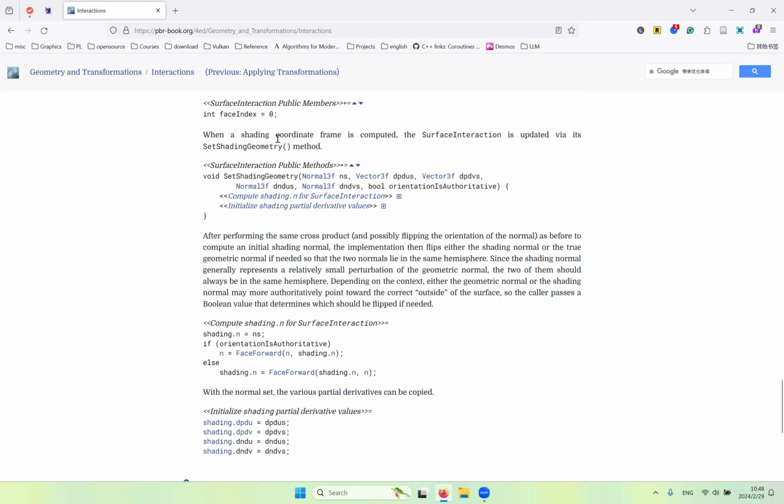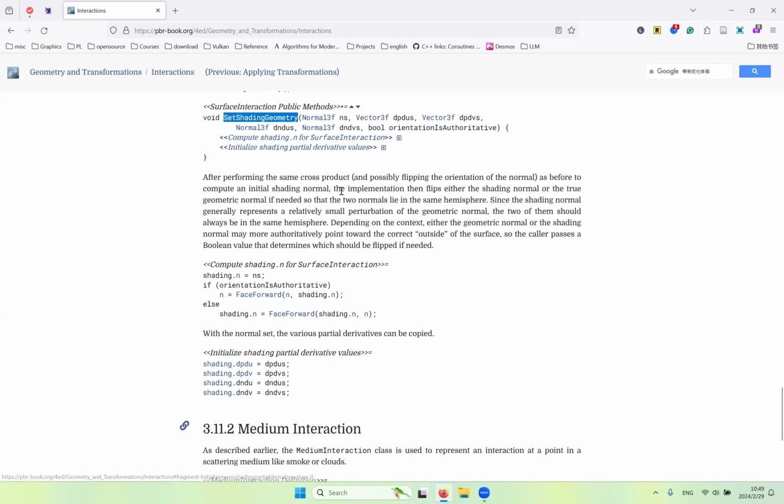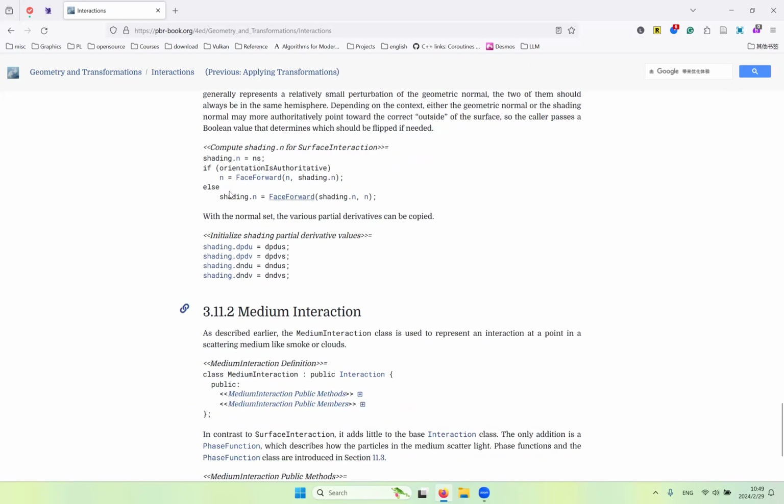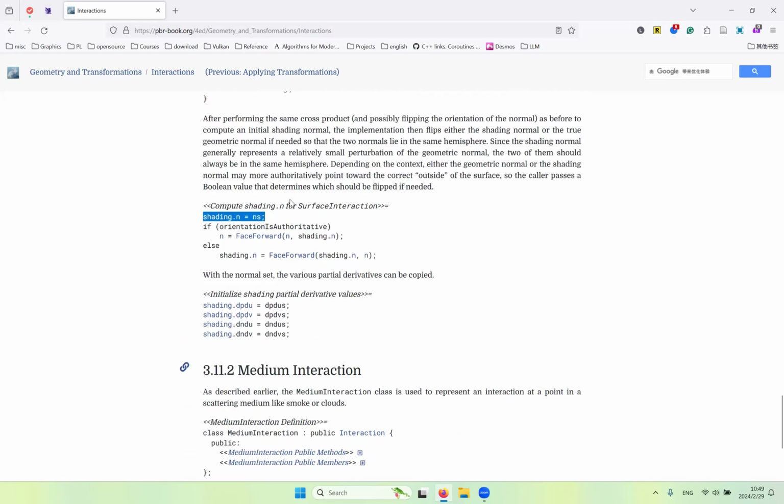And whenever the shading coordinate frame is computed, we just set all of its variables. And for the surface normal, we need to make sure it points outward, so we need to do a branch here.